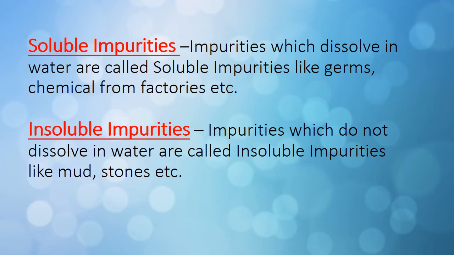If chemicals from factories are mixed with water, it will be very harmful for us and it will be dissolved in water. That is why this is called soluble impurities. And children, insoluble impurities are those which do not dissolve in water, like mud and stones.